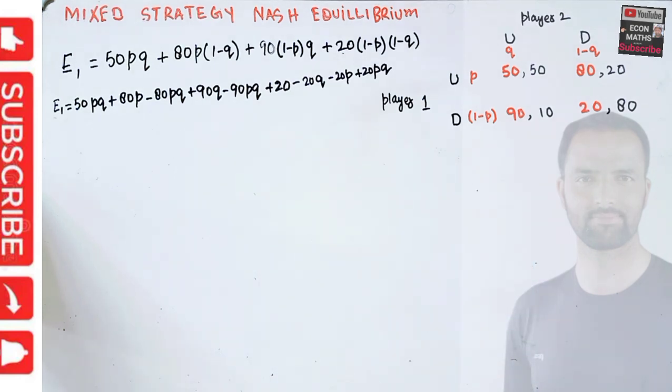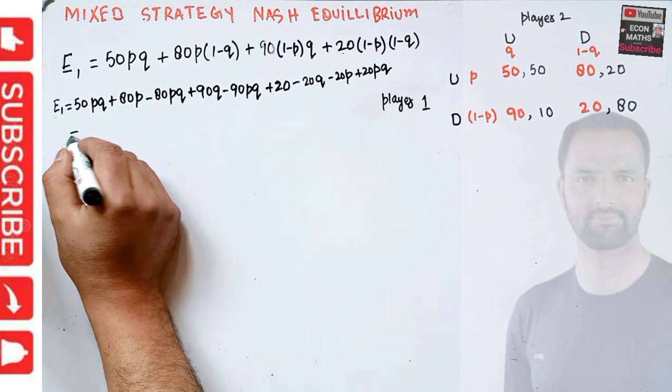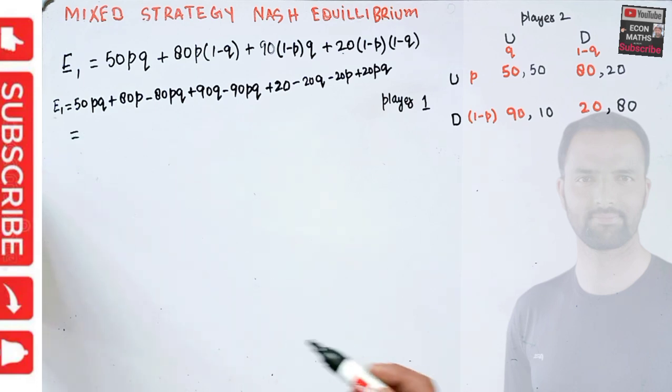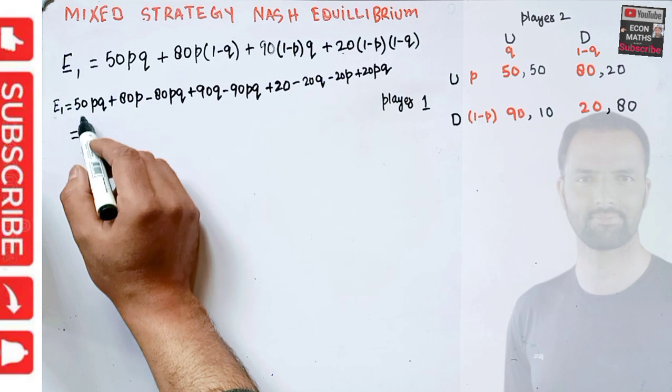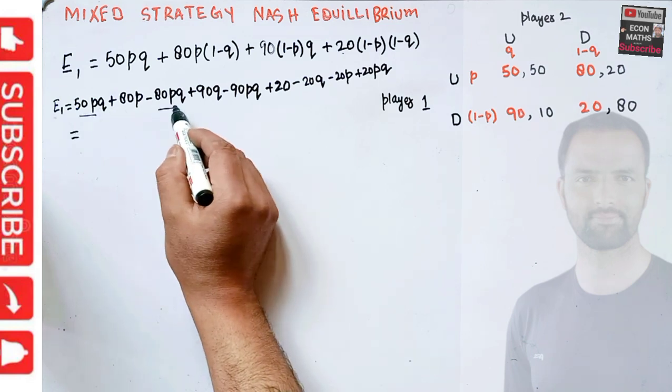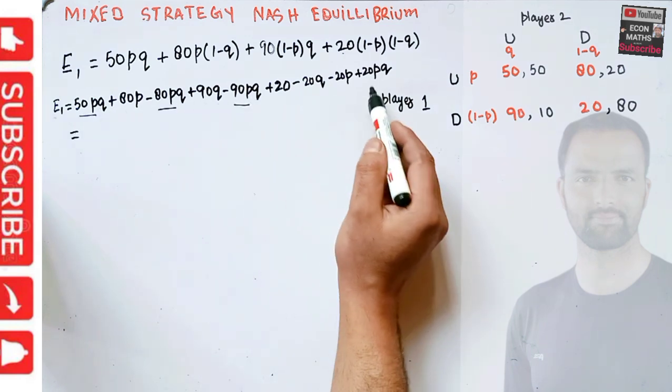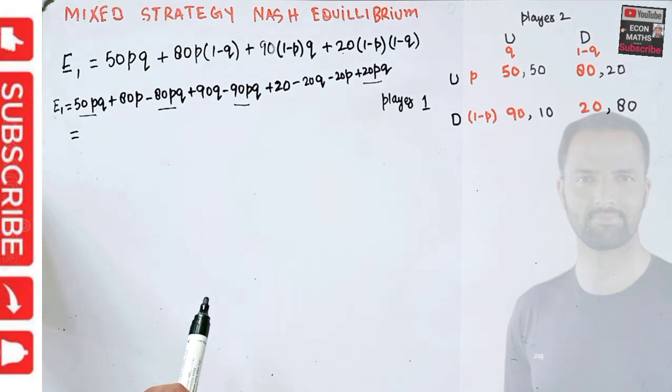Let's try to solve this out. Let me see if I do the calculation correctly here. So we have 50pq, 80pq, 90pq, and 20pq. What will it come out to be?